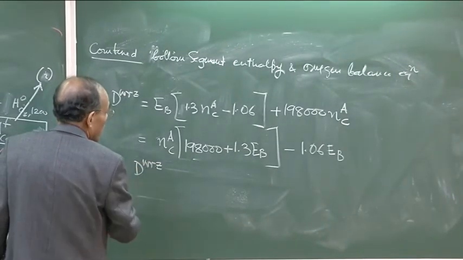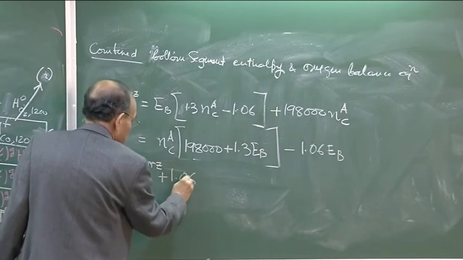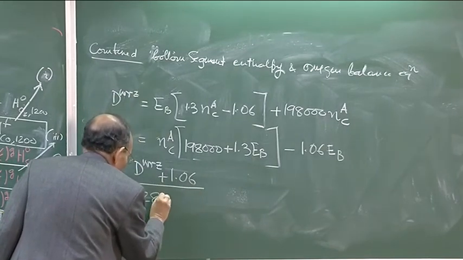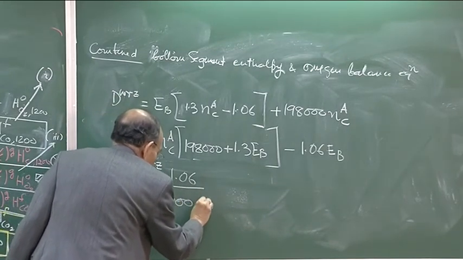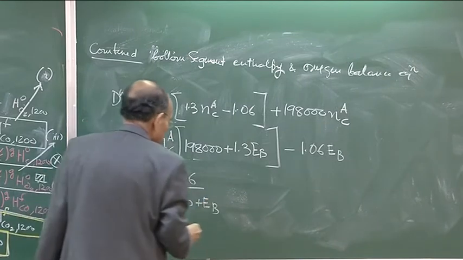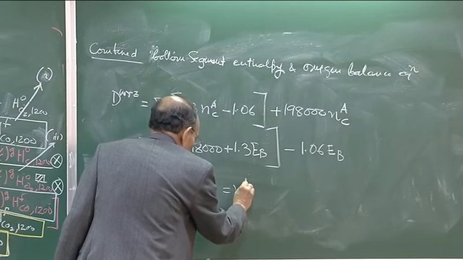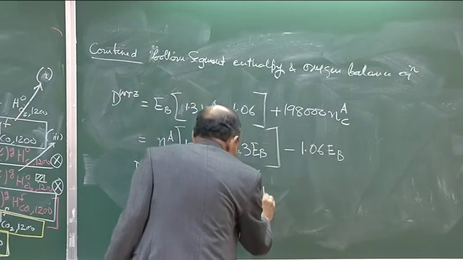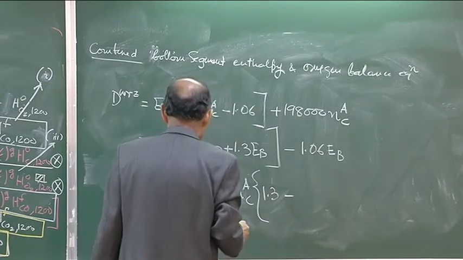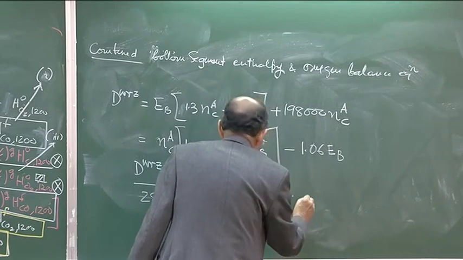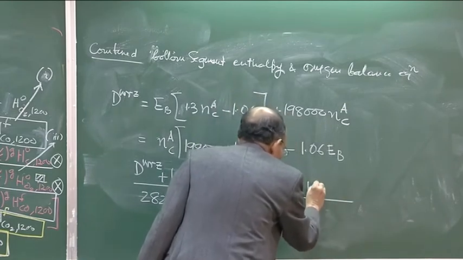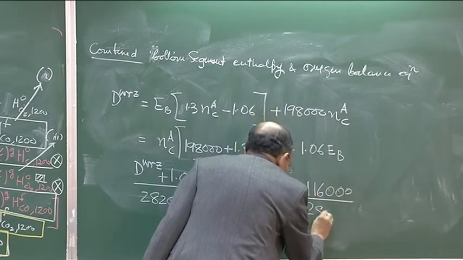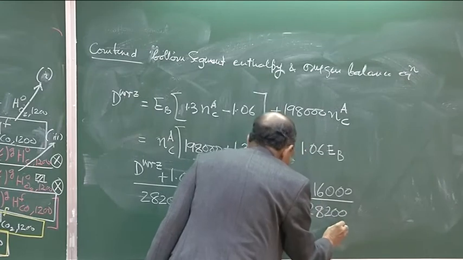And here what happens is we can now write dWRZ, plus 1.06, and I will explain this, the enthalpy of the blast, and this is going to be equal to NAC. And this is going to be 116,000 divided by 283,000.